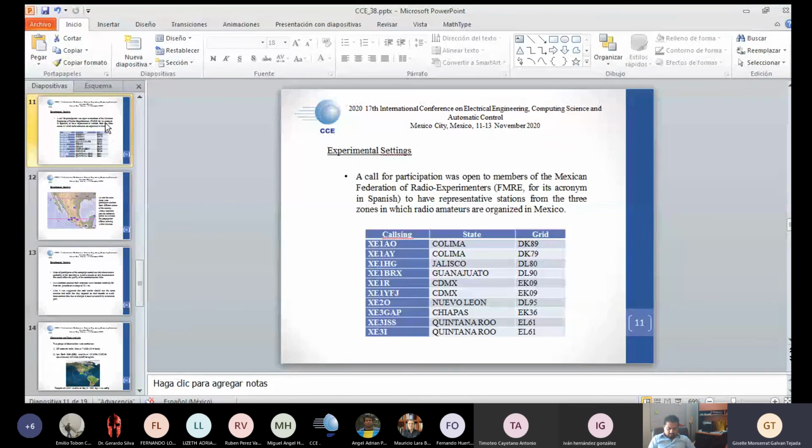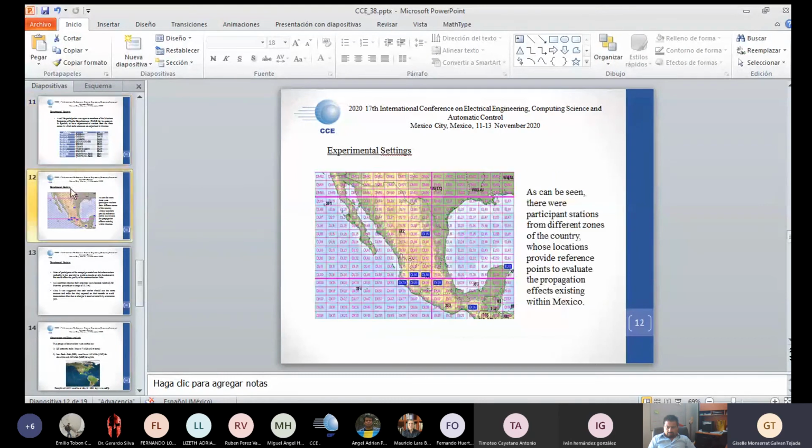Here in this table, you can see the different call signs of these stations and in which state of Mexico they are located. And this is the distribution of the stations. As you can see, there were participating stations from different zones of the country, whose locations provide reference points to evaluate the propagation effects existing within Mexico.